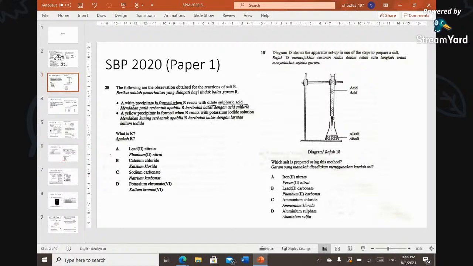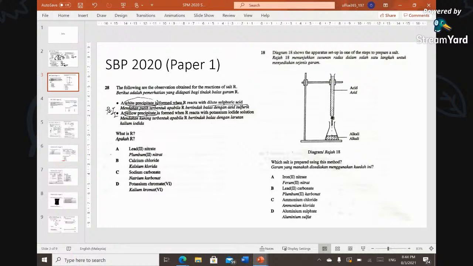A yellow precipitate is formed when R reacts with potassium iodide solution. When they say yellow precipitate, definitely it's supposed to be PbI2. PbI2 is the one that produces a yellow precipitate.